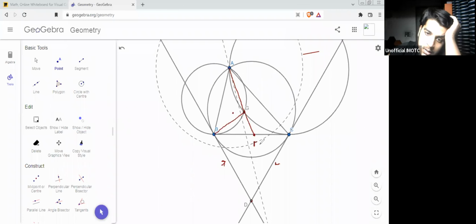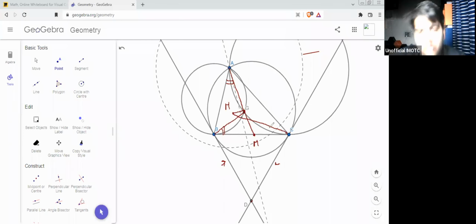Okay, let's assume G as the intersection of the median with this. Can we show this is 90? Okay, I think I have a proof in mind. Let me forget the details.